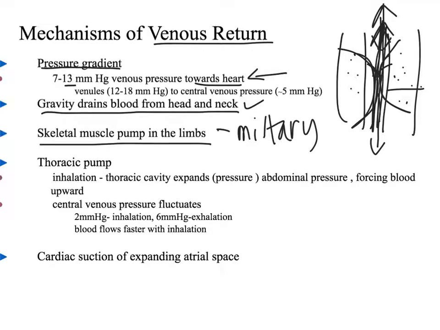You have venous pooling, and the blood will all pool towards your feet, and then you pass out because your brain doesn't have enough blood. But if you stand there and you contract your muscles back and forth, it actually squeezes the blood back towards your brain.